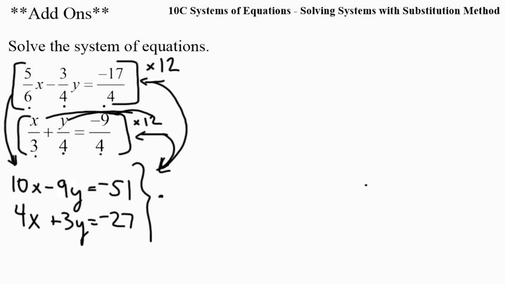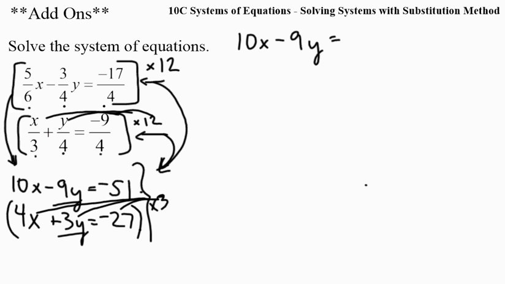So let's finish it. 10x minus 9y equals negative 51. 4x plus 3y equals negative 27. Negative 9y, positive 3y. Multiply everything in the bottom equation by 3. That'll give us a positive 9y and will allow us to cancel the y terms. So the first equation stays the same, and the second equation we're multiplying by 3.